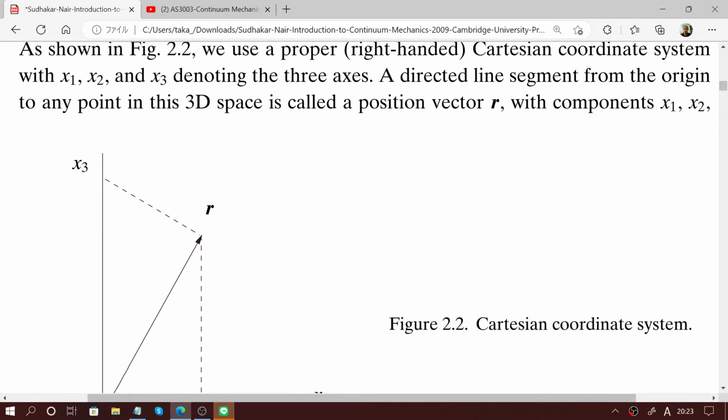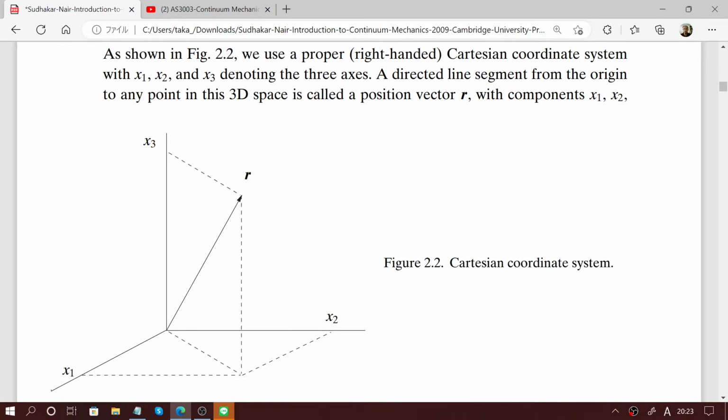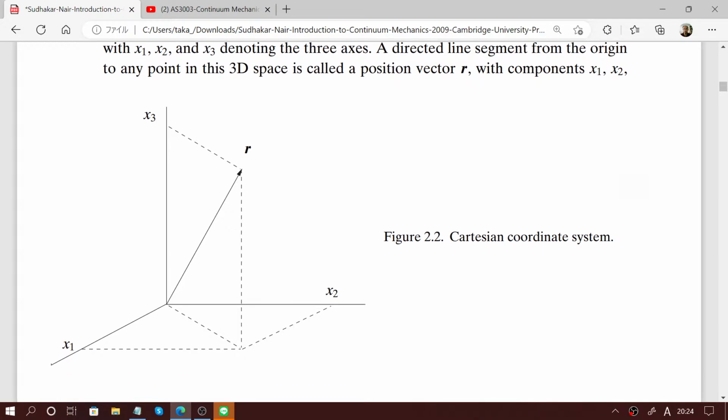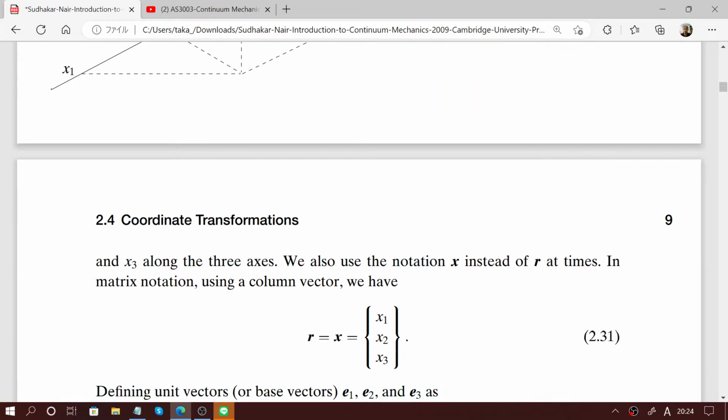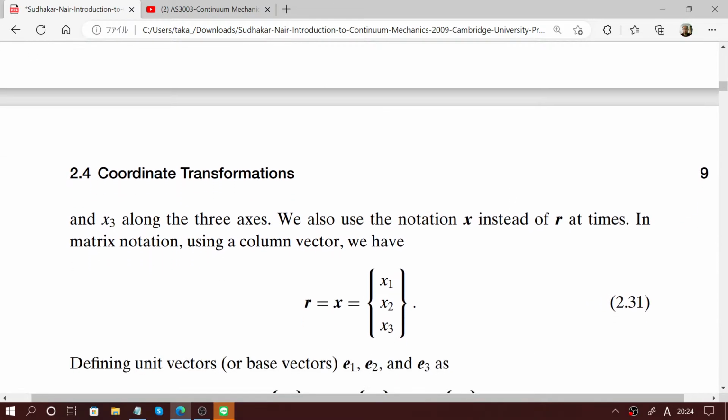A directed line segment from the origin to any point in this 3D space is called a position vector R with components x1, x2, x3 along the three axes. We also use the notation x instead of R at times.